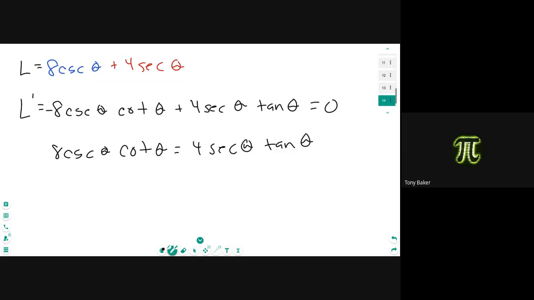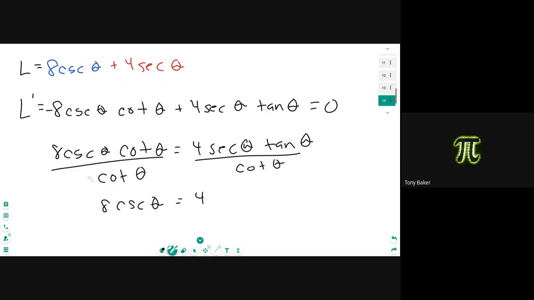Okay. All right. So now changing them over would kind of help. If I divide both sides by cotangent of theta, that's really the same thing as saying 8 cosecant theta equals 4 secant theta tangent squared theta.